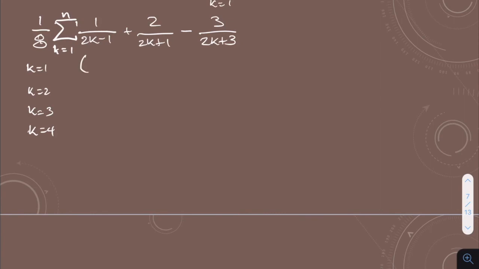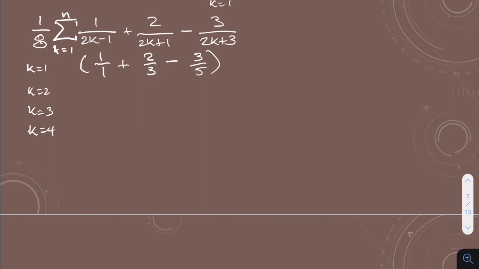So that first phrase is just going to be like this, 1 over 1. And I think you saw me do that before, so we're just going to leave that as it is and not even call that 1, because we're looking for a pattern. And then we're going to take 2 over 2 plus 1 is 2 over 3. And then that's minus 3 over 2 plus 3, which is 5. So 3 over 5. Okay, so keep an eye on that.